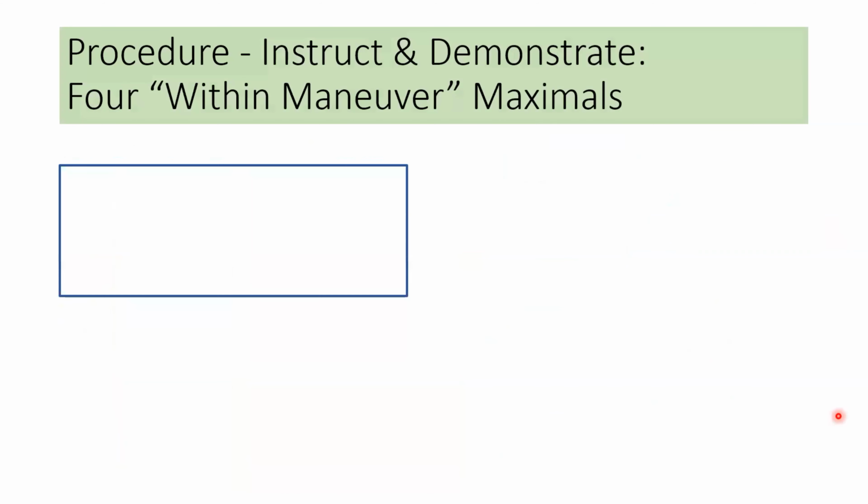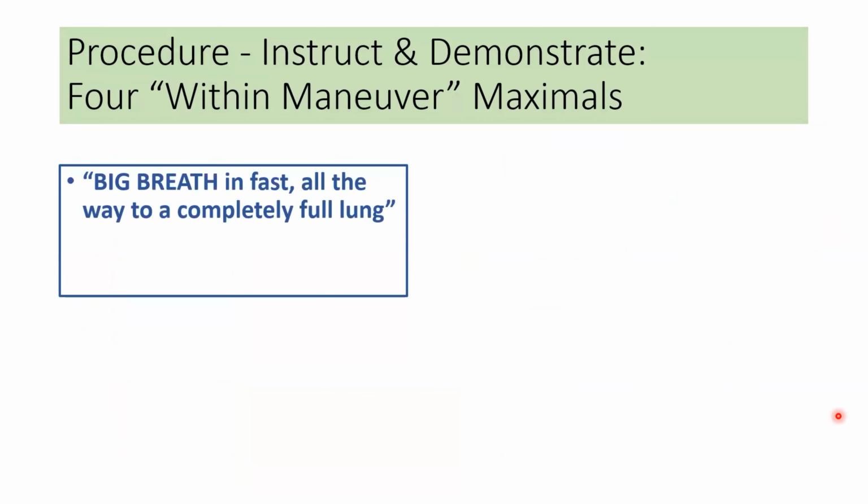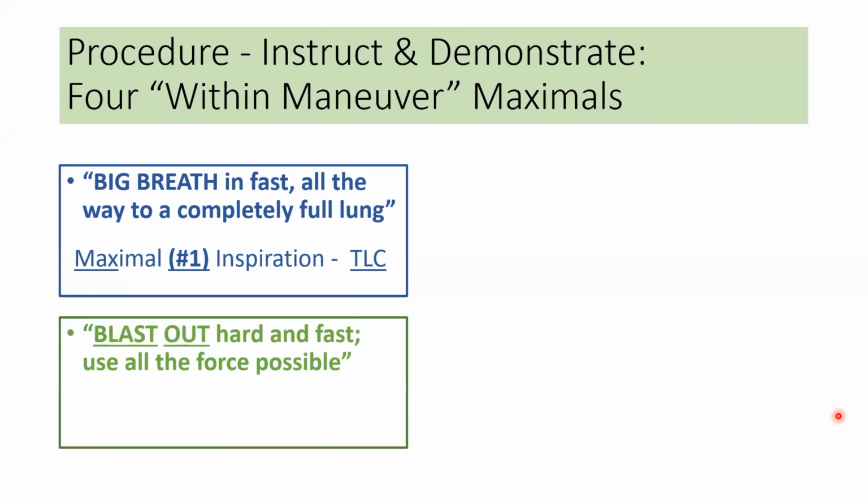All right, our 4 maximums in our instruct and demonstrate. The new standards focus on the use of devices that measure both expiration and inspiration with these 4 distinct phases. Big breath in, fast, all the way to completely full lung. This brings us to our maximum number 1, the inspiration to total lung capacity. Blast out hard and fast, use all the force available.